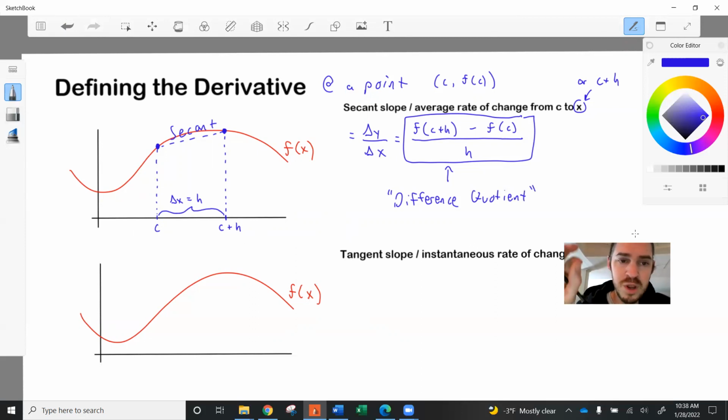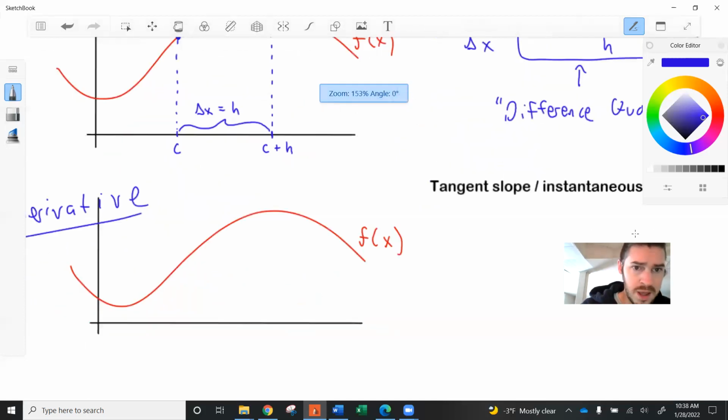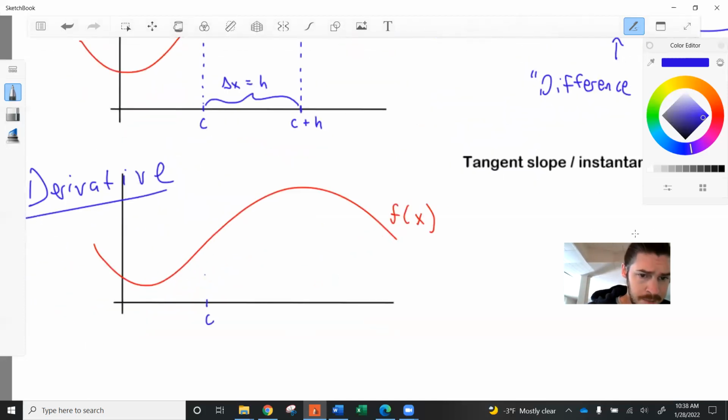Now, if we want to define the derivative, it is really what's going on in this second one down here. The derivative is going to be down here. So we'll have our point c again. This time, instead of a secant line, we're going to be aiming for a tangent line.